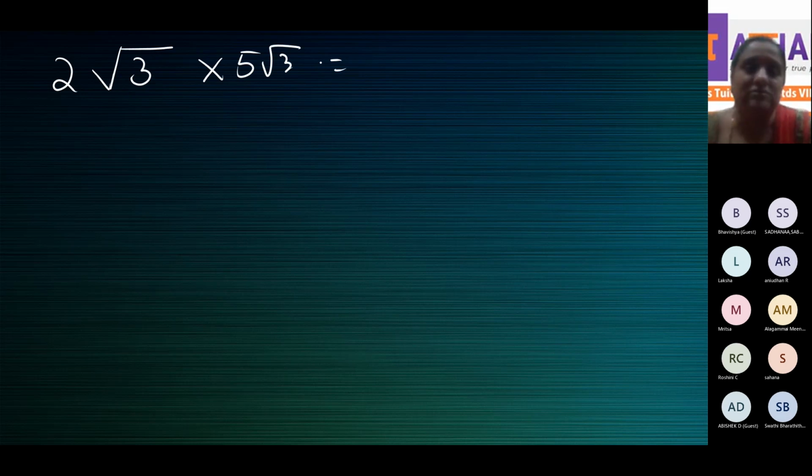Now, when you multiply, say like 2 square root of 3 into 5 square root of 3. This is multiplying. Multiplying can be done with anything. But here we have another situation. Surds of the same order, surds of different order.